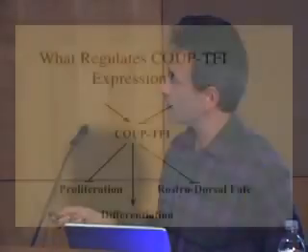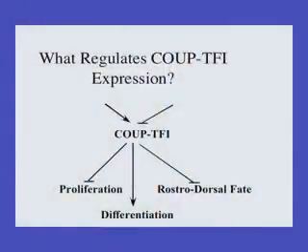Now, the RAS pathway has been positively linked to rostral cortex specification and proliferation, and the Wnt pathway is linked to dorsal specification and proliferation, as well as caudal specification. So we've shown that COOP-TF1 represses this. It also represses rostral identity. It also represses proliferation.